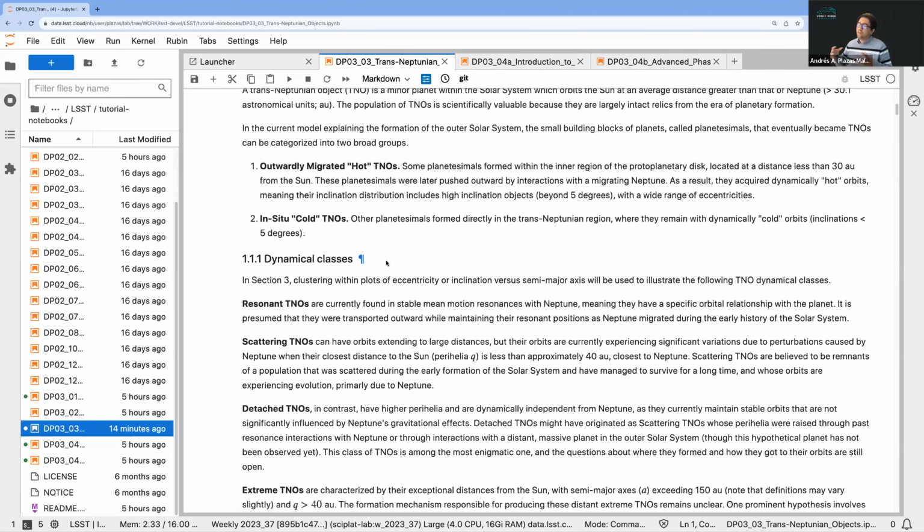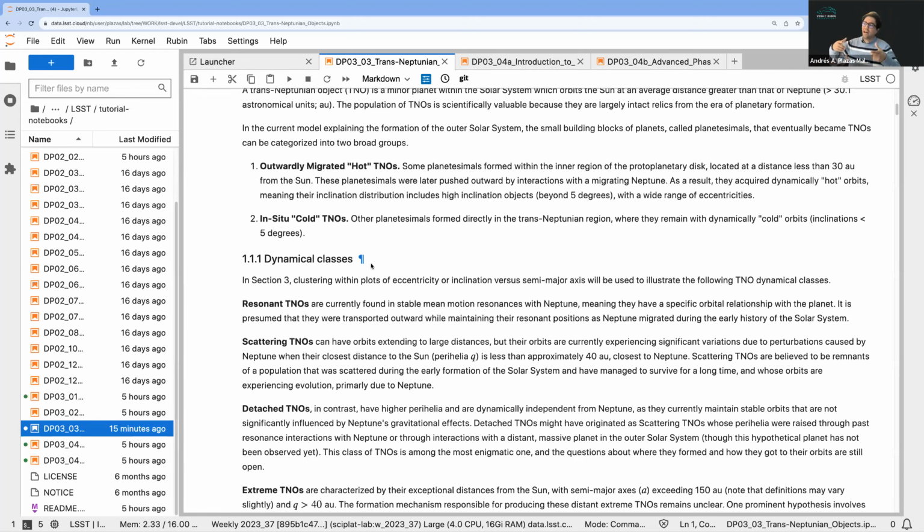You can more or less group these objects into 2 populations, a hot and a cold population. Usually you have the idea of some planetesimals that form within the inner region of the protoplanetary disk, and then at some point you have Neptune migrating in these theories and interacting with this population and pushing them forward beyond the orbit of Neptune, and giving them somewhat higher inclination among other characteristic orbital parameters.